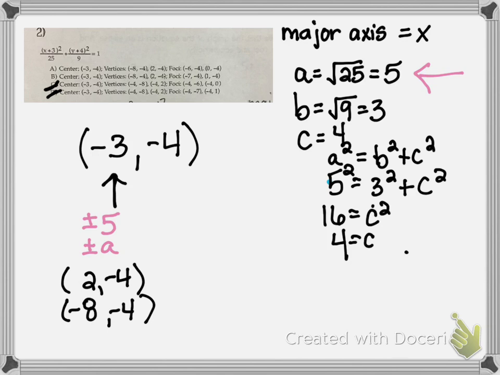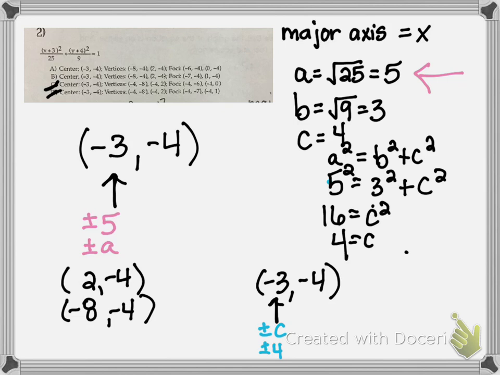So with that, again, I can take my center. Remember, the foci are always on the major axis. And since my X is my major, instead of adding my A this time, I'm now going to plus or minus my C value. My C value here is going to be plus or minus 4.